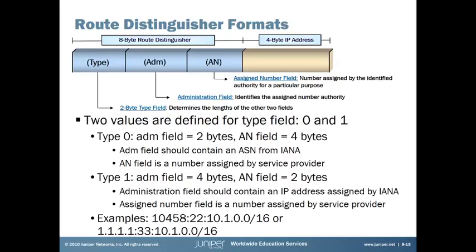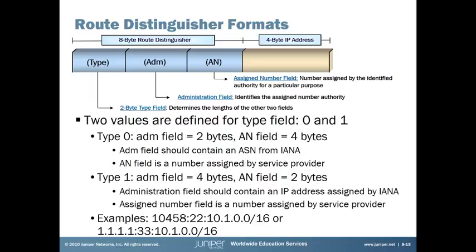Okay, so what is the format of this route distinguisher? Well, we've got a couple of ways that we can go about setting this up. We've got type 0s and type 1s, these are defined by the RFC. So the type will either have a 0 or a 1 in it.